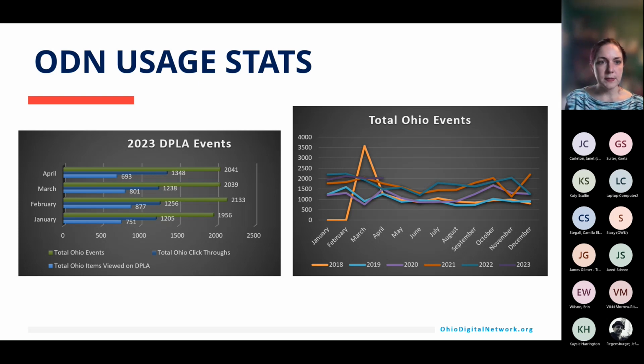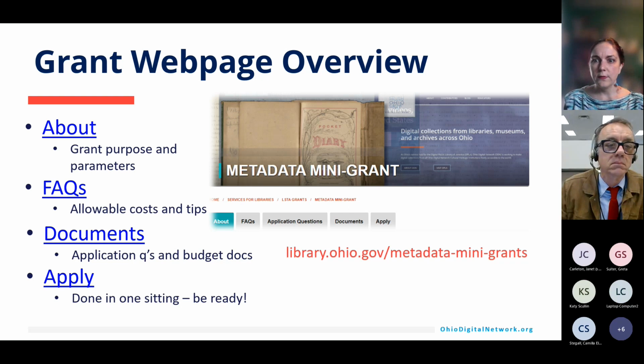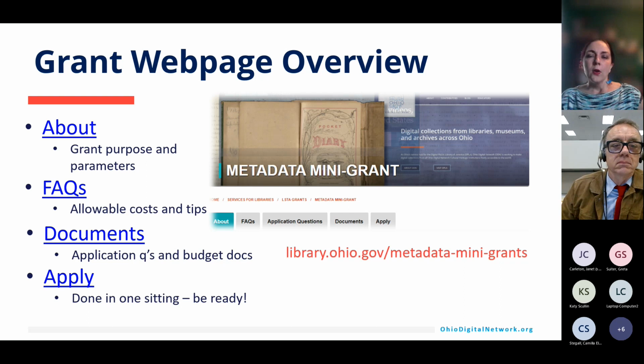So what is the purpose of this grant? This grant is to help you get your collections ready for DPLA. And I think Jeff is going to take over the next slide. So here's our webpage overview. The goal of this grant is you can have a max award of $4,999. You don't have to have a local match requirement.